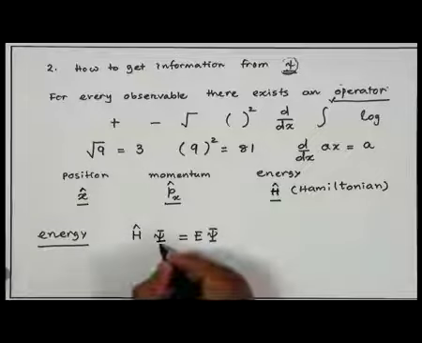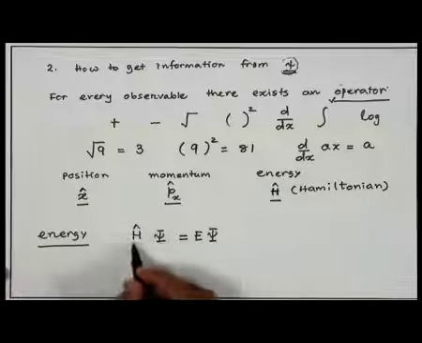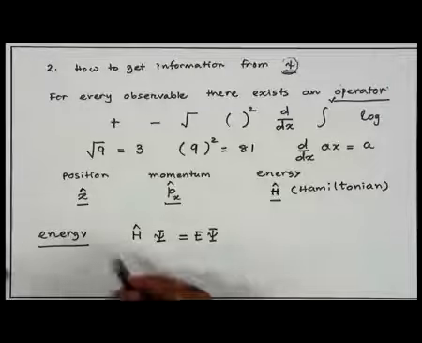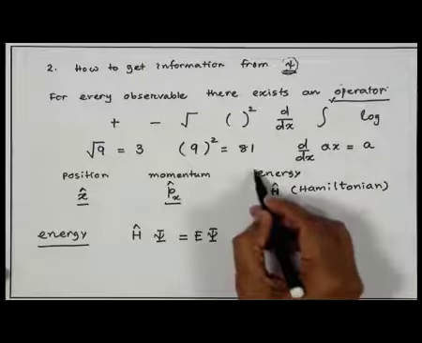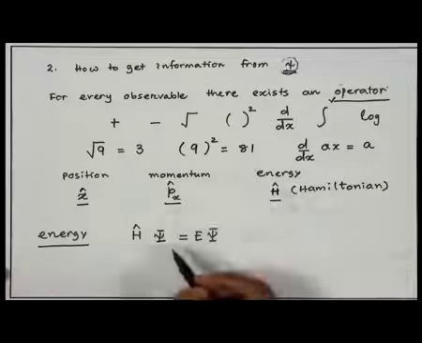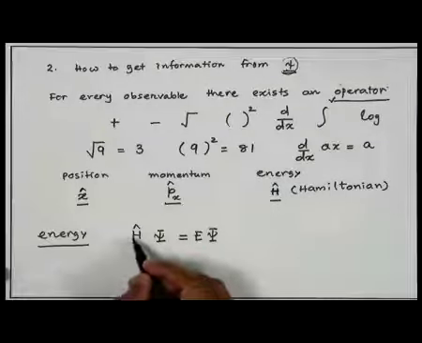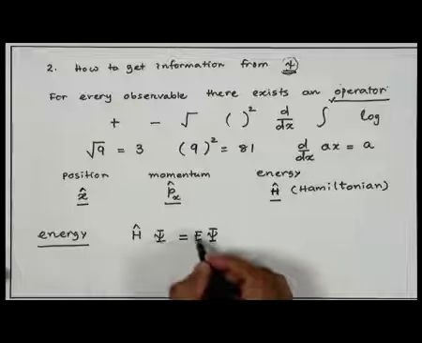So, this is the wave function which contains all the information. This is the operator that I am interested in to get an idea about that particular observable. In this case, I am interested in getting energy. So, I apply this operator on this function, and I get the result.